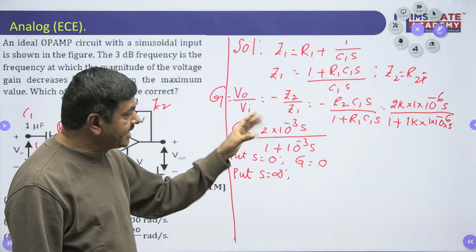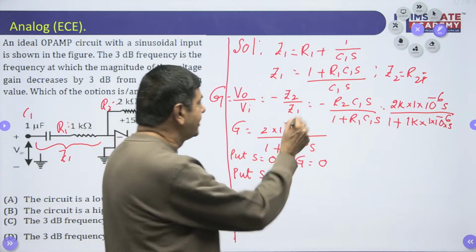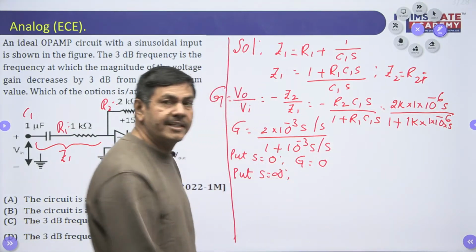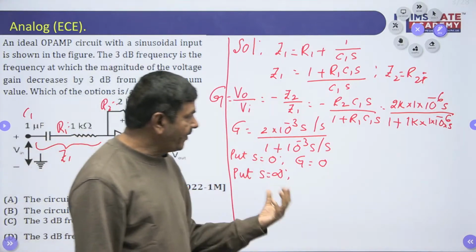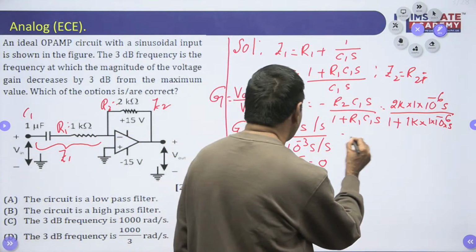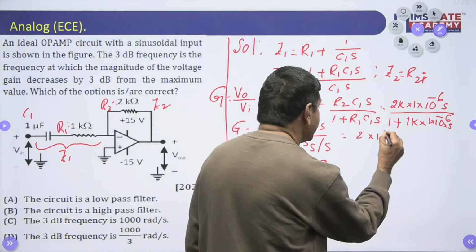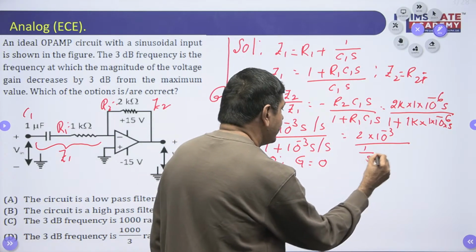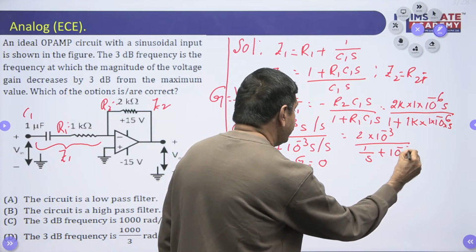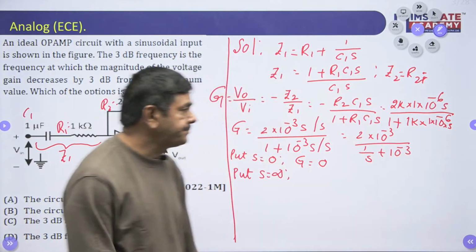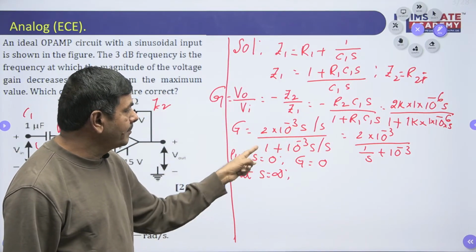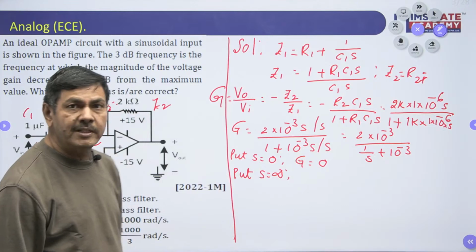In that case, divide the numerator and denominator by S before substituting. Then we get 2 into 10 power minus 3 divided by 1 by S plus 10 power minus 3, since S by S is 1.